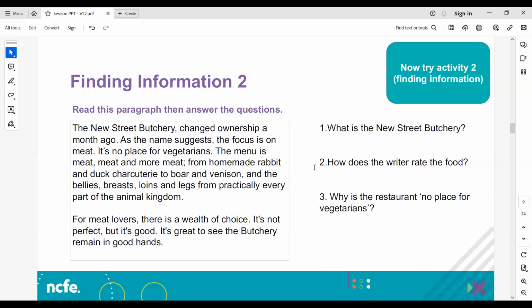Okay, so how does the writer rate the food? This time we're going to have to skim to get the gist because there's no particular word that we can scan for. Does anyone want to have a go at answering that question? You're going to have to use your own words to describe how the writer rates the food.